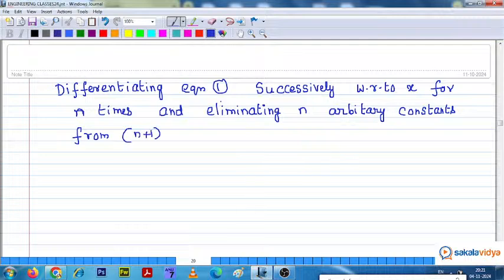Already the first equation is given, that is a relation. By differentiating successively for n times, we get n equations. In total there are n plus 1 equations. From these n plus 1 equations, we need to eliminate the n arbitrary constants.